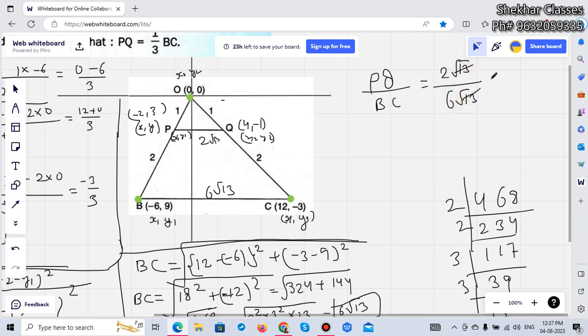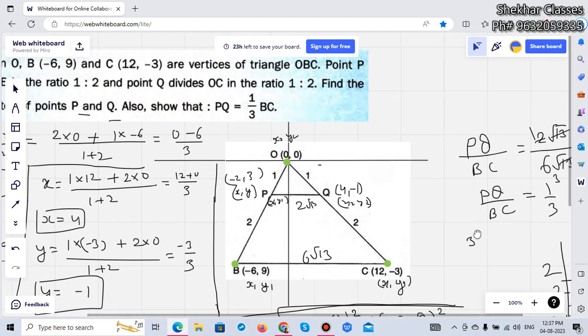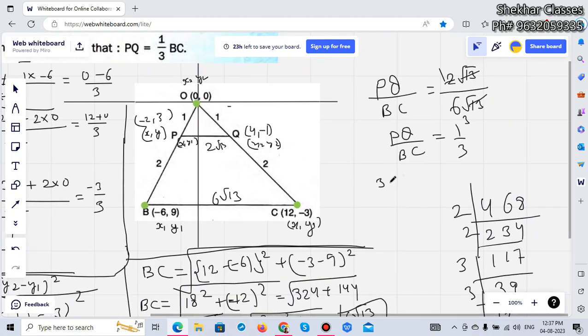What cancels? So what do we get? PQ upon BC is equal to, this will also get cancelled 3 times, so 1 upon 3. Which means what was supposed to be proved, PQ is 1/3 of BC, is hence proved here, right?